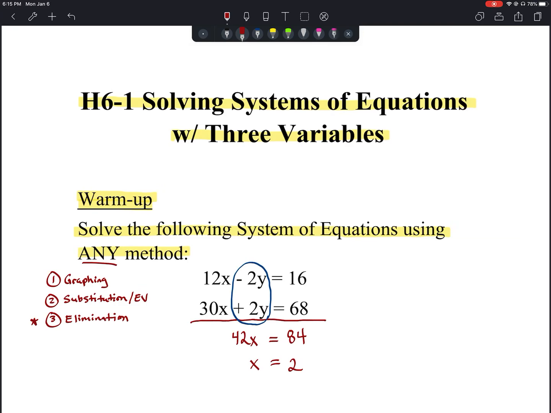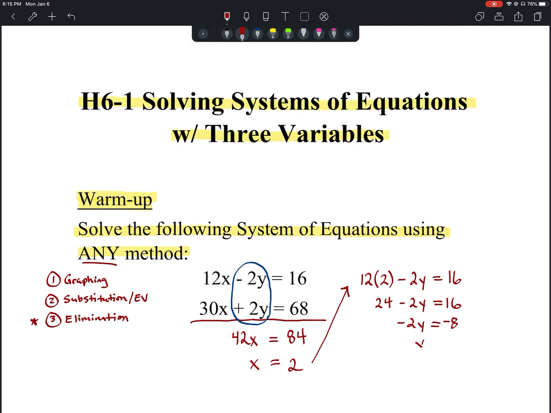Now remember, you have two variables, so we're not finished. We need to use the information that x equals 2 to help us find our y value. So we're going to do 12 times 2 minus 2y should equal 16. As we solve that, we should have negative 2y equals negative 8.